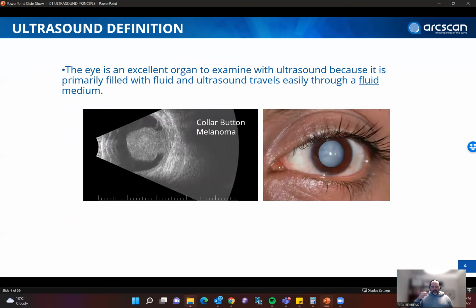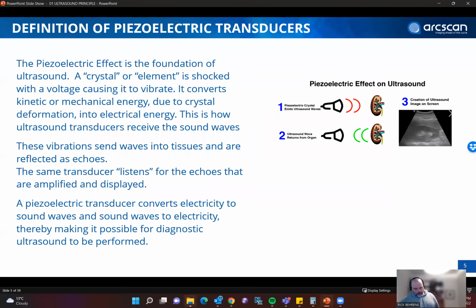The excellence of ultrasound in the eye is due to the fact that it's a cavity filled with a fluid medium that allows the sound to go back and forth.